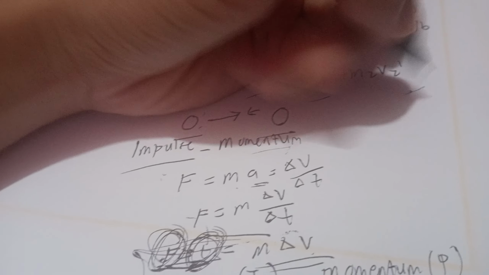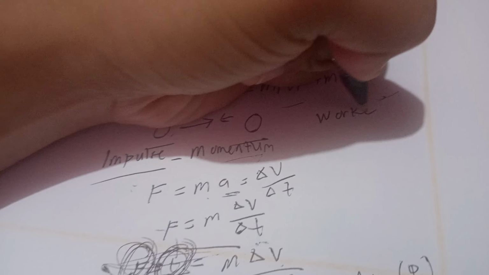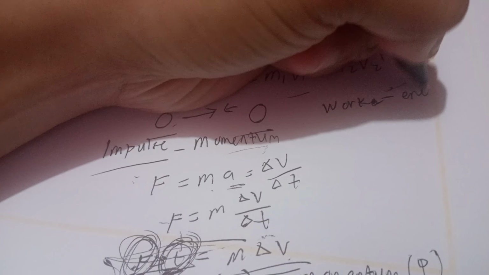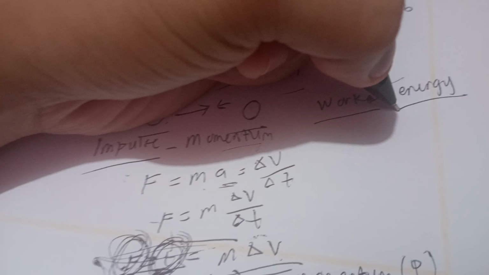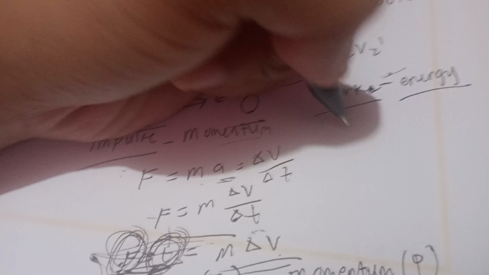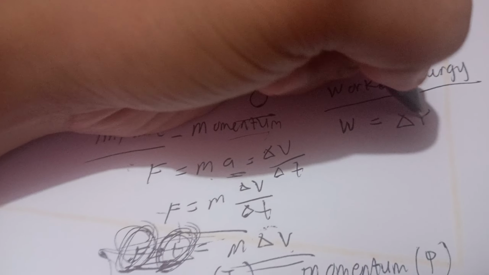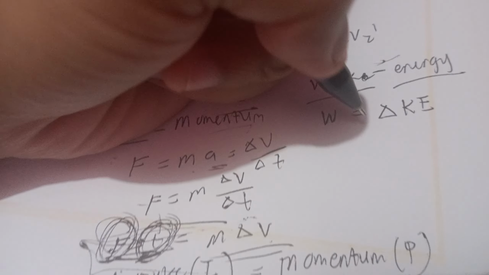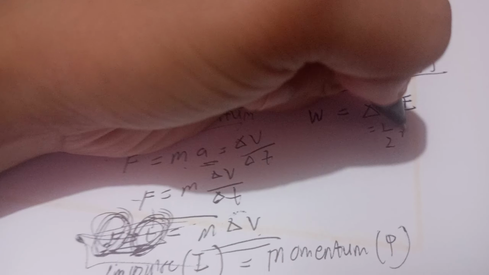Ano naman yun? That is yung work energy theorem. Tatlo lang yan. Work energy. So work energy means equal tong dalawa. Ano ba yung work? Work is equals to energy. Anong energy? That's the change in kinetic energy. So kinetic energy stands equal sa 1/2 mv squared.